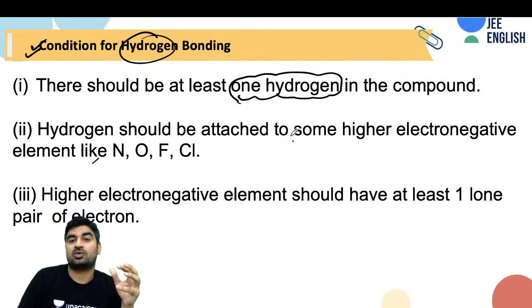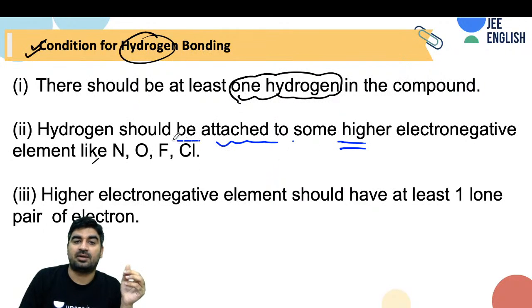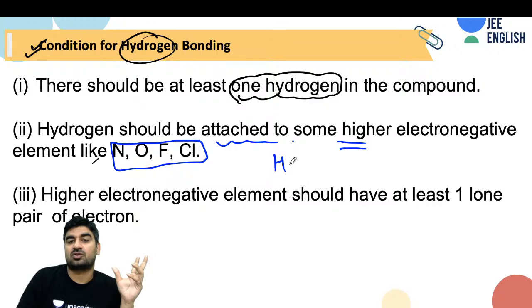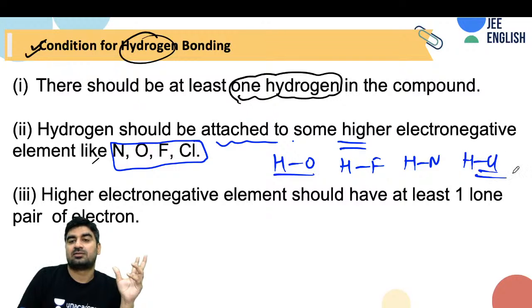That hydrogen should be attached to some highly electronegative element like these, either HO, HF, HN or HCl, right? This is the condition.